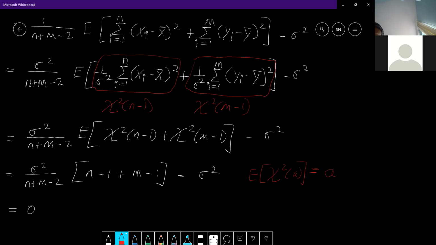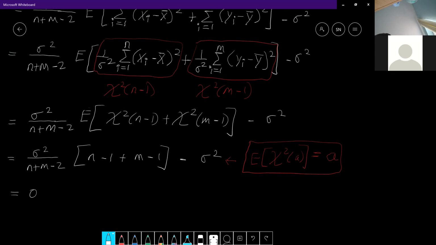This is the result I'm using on this line here, that the expectation of a chi-squared variable with a degrees of freedom is equal to a. So, just to summarize, we have shown that sigma hat squared is unbiased for sigma squared.